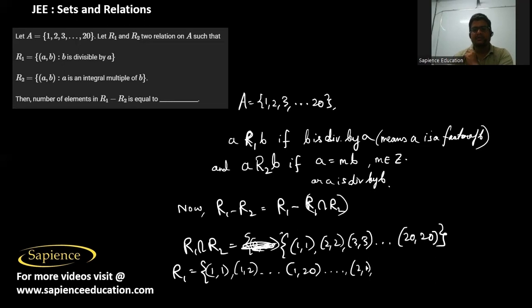No, 2 comma 1 is not there. It will start from 2 comma 2 and 2 comma 3 till 2 comma 20, and then it will go till 20 comma 20.